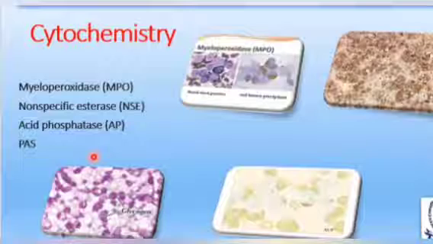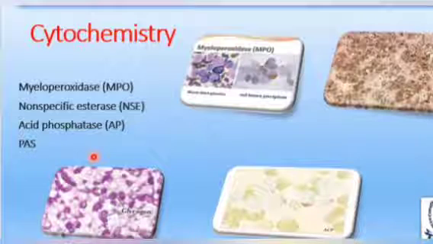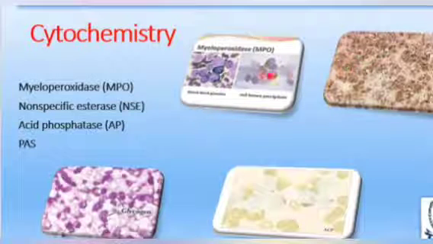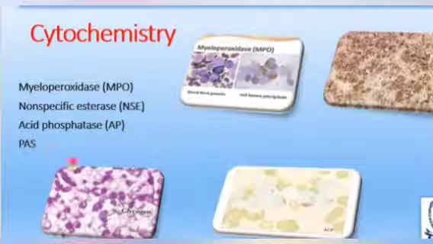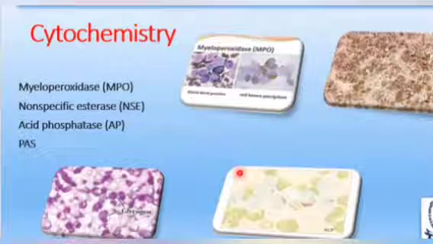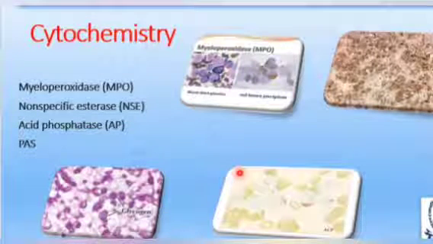Like in acute myeloid leukemia, we are staining MPO or NSE, looking at whether it's stained or not stained. And we are also looking for acid phosphatase and periodic acid Schiff base in the lymphoblastic leukemias as well. So these are the special stains which we call cytochemistry.